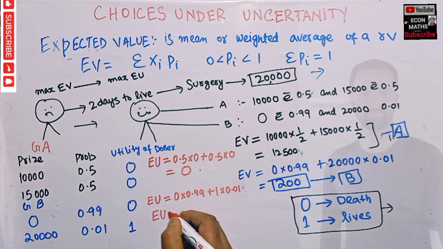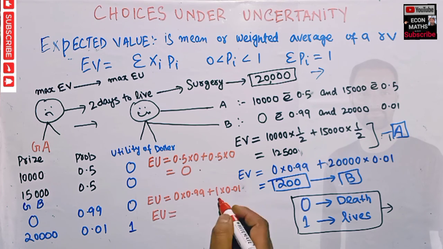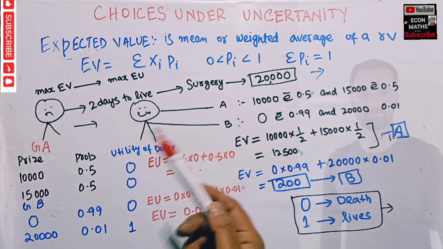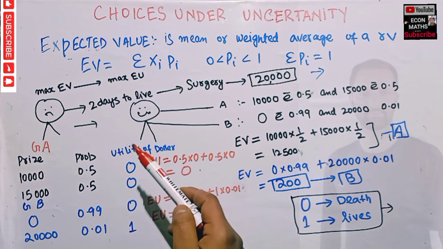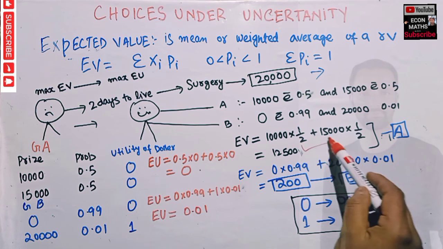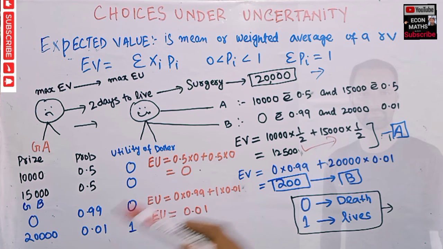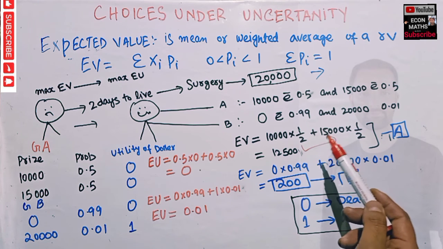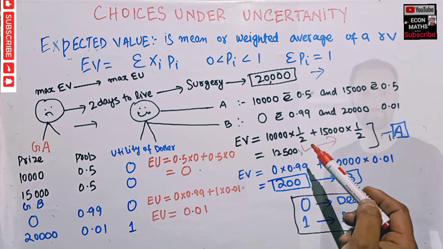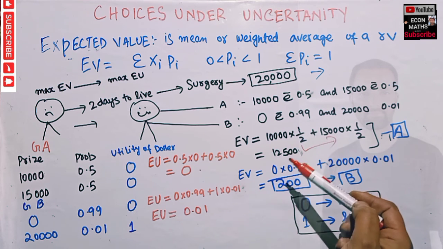The expected utility in gamble B is 0.01. You can think of it like this: if our patient is a maximizer of expected monetary value, then he will choose gamble A, because the expected returns are 12,500. But there is the trick here.